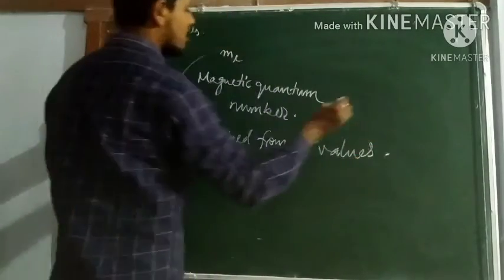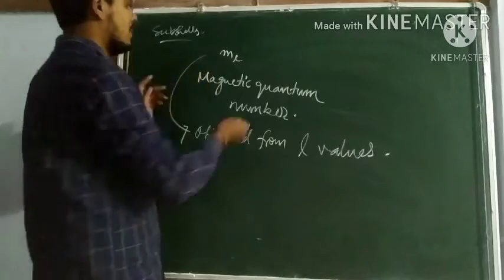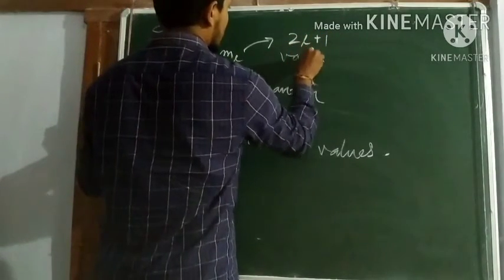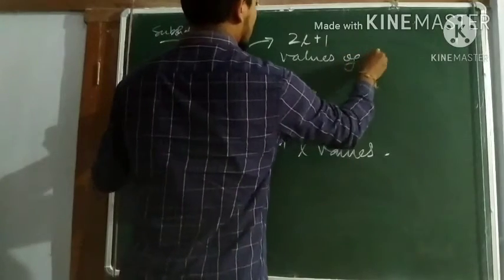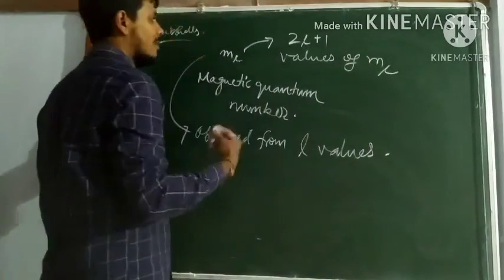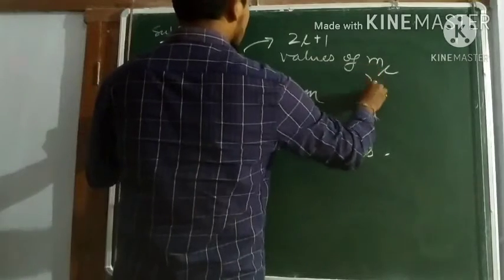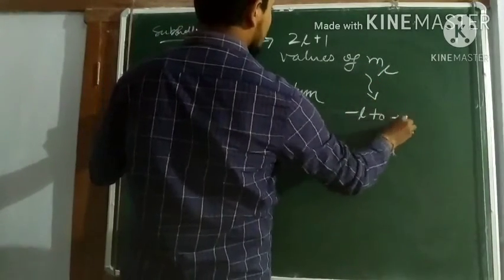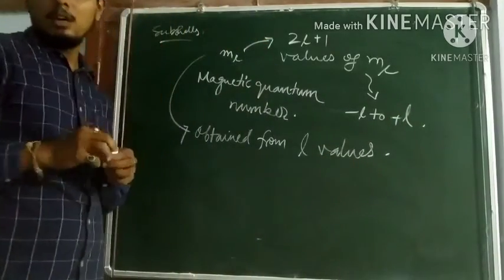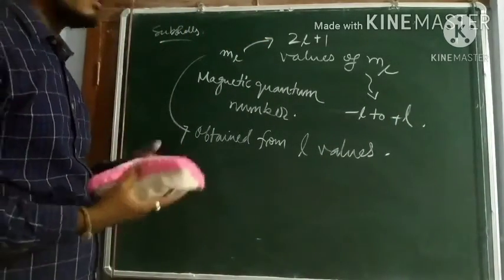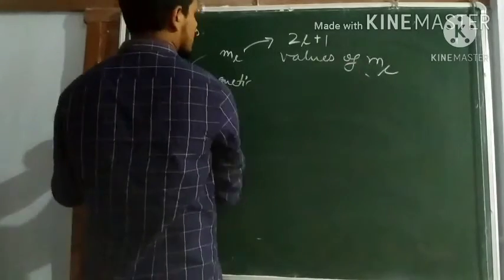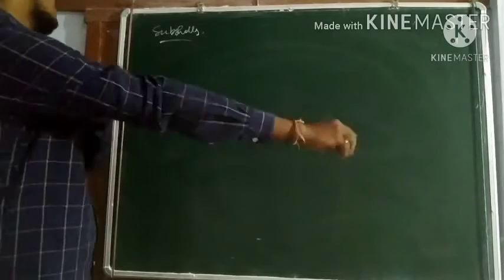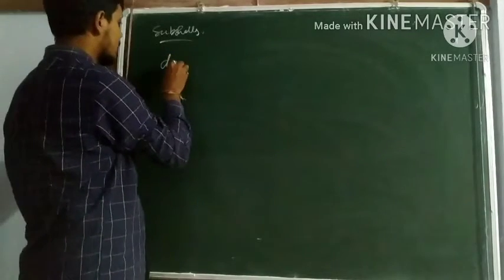The number of values of ml will be 2l plus 1, and those values will be from minus l to plus l. All these we already discussed. Till now we have obtained the quantum numbers n, l and ml. Now before going further, let us go to the d orbitals.